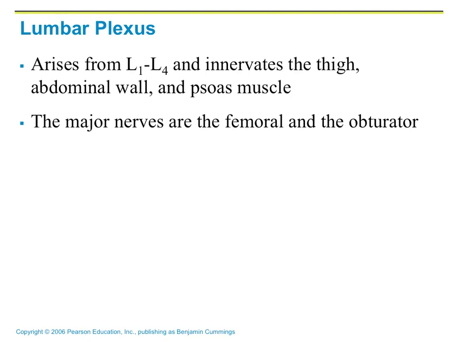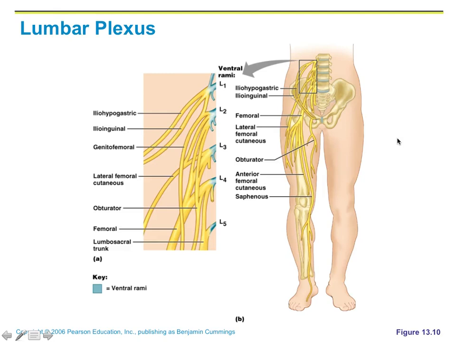The major nerves are the femoral and obturator nerves. This one is simpler than the cervical plexus and brachial plexus.